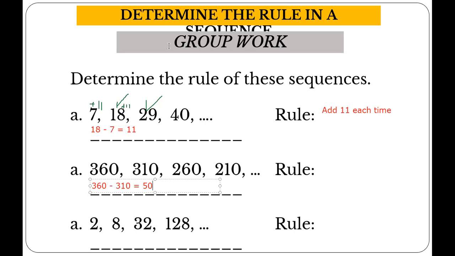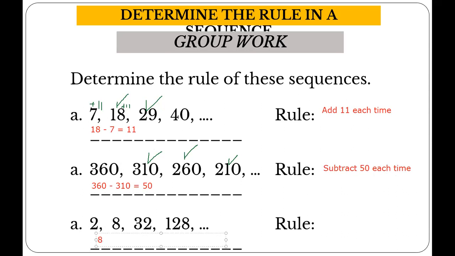It's correct. 310 minus 50 equals 260, still correct. 260 minus 50 is 210. It's correct. Therefore, the rule in this sequence is subtract 50 each time.